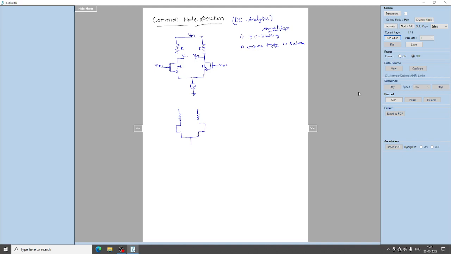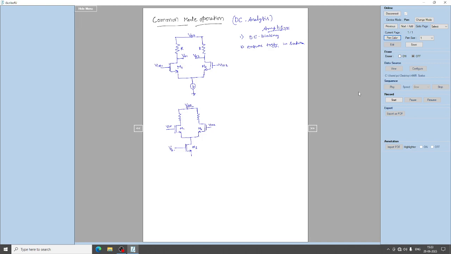This tail current I can implement using a MOS transistor by giving an external bias. This is M1, M2 and M3. This is Vin1 and Vin2.